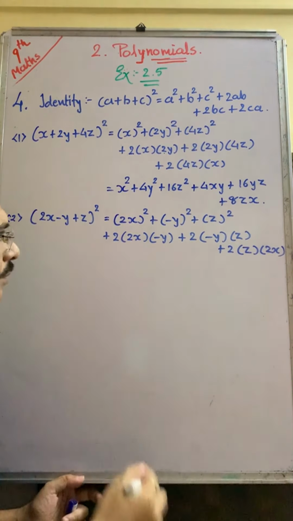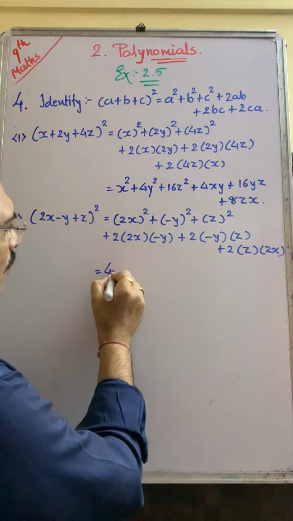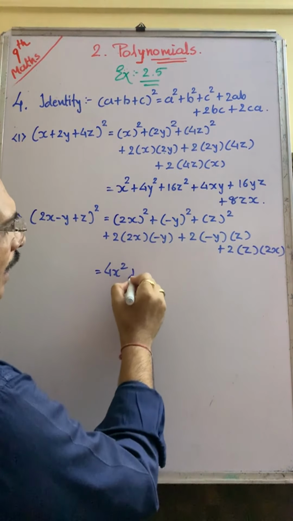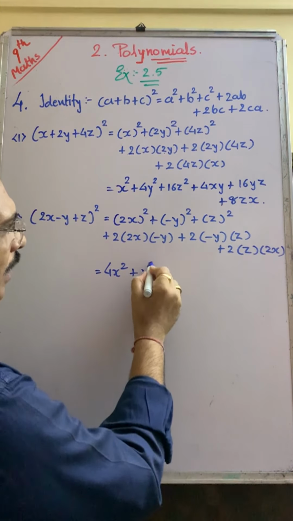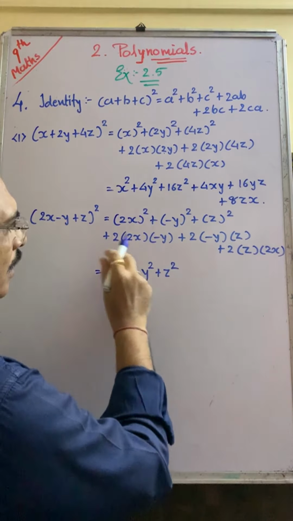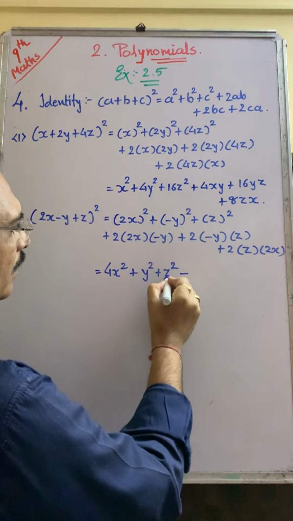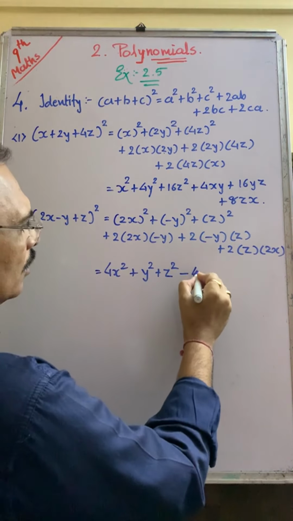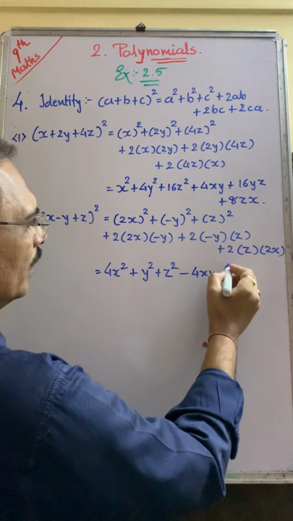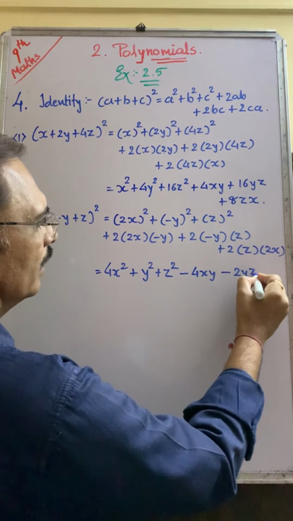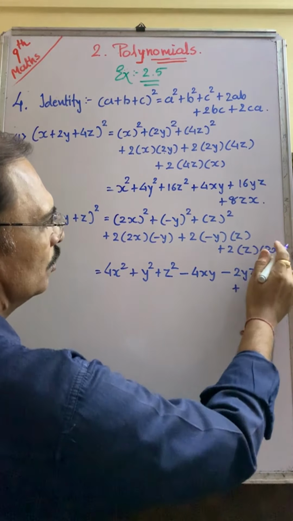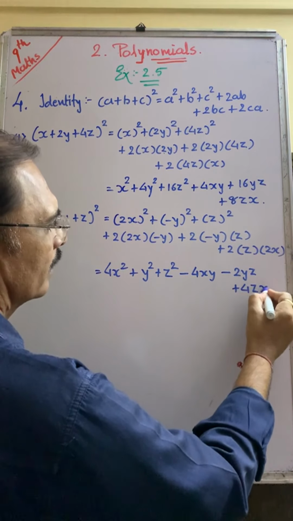Now open. Now it will be easy for you. 4x square, minus square is always plus, so y square plus z square plus minus 2 2s are 4xy plus minus 2yz plus 2 2s are 4zx.